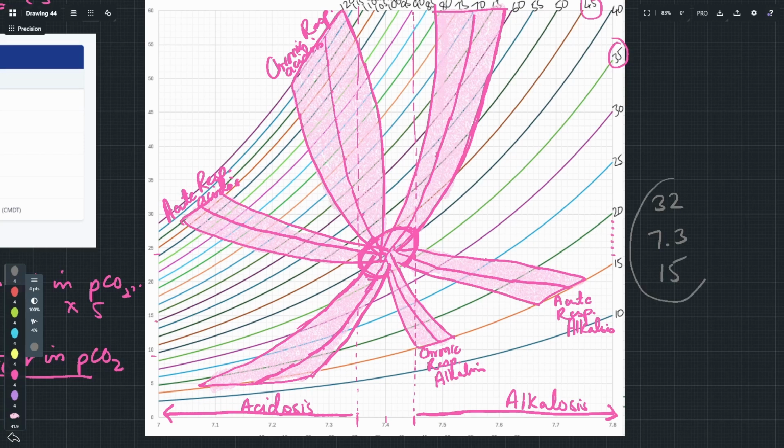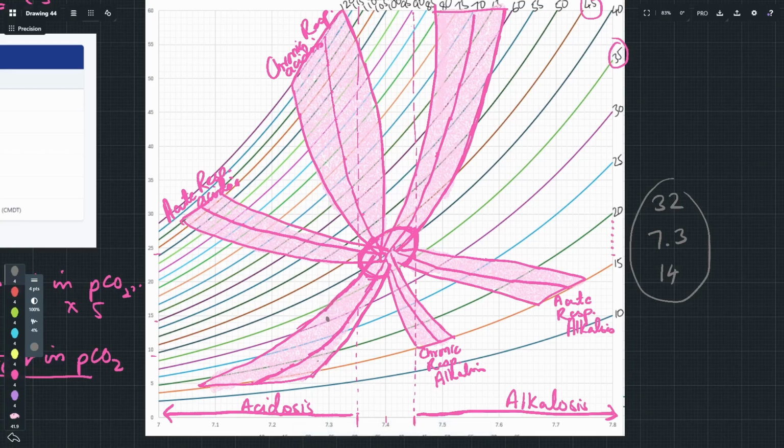So if I ask you what is the diagnosis in terms of acid-base disturbance, you can actually plot here 15 and 7.3. Actually, its value should be, I think, 14. So it would come somewhat here.